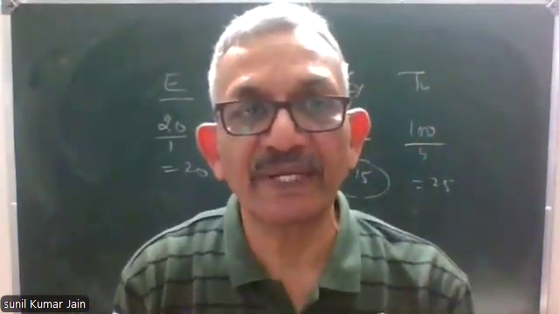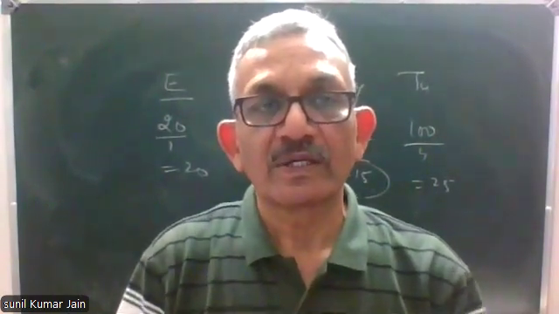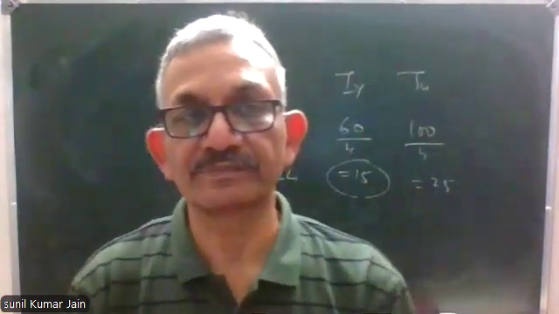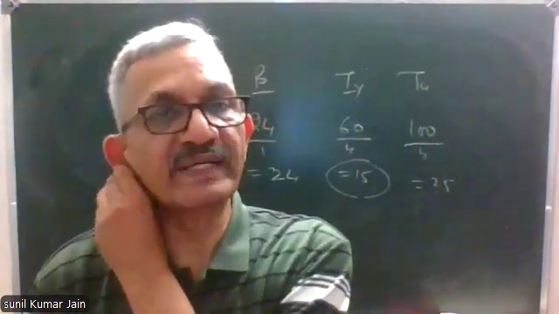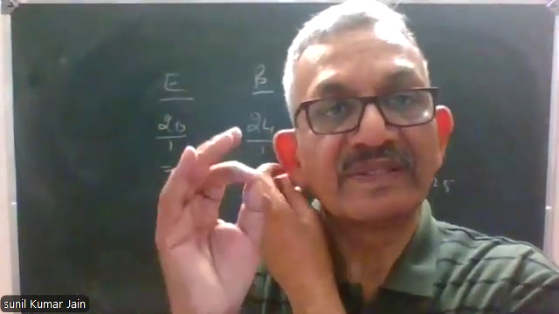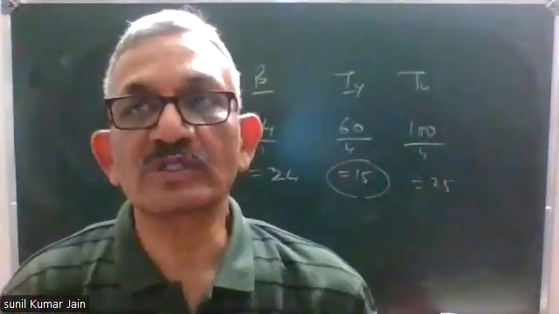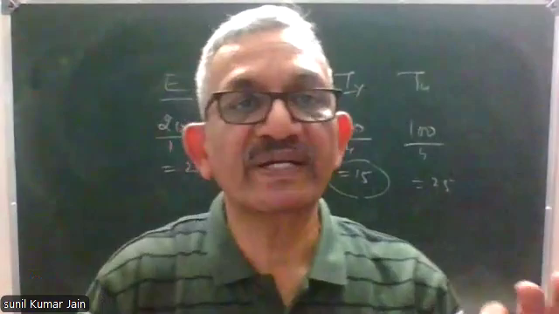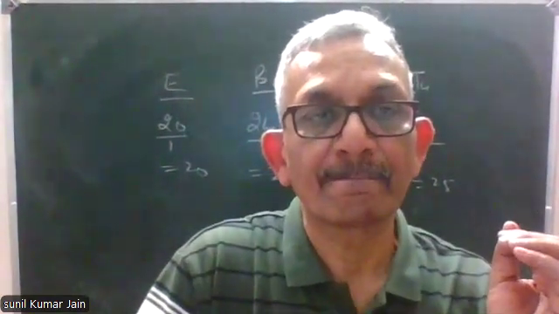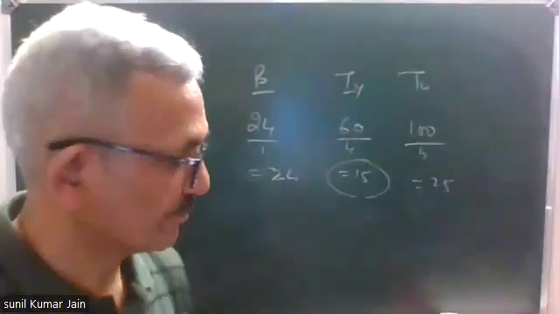And the number obtained is called stoichiometric amount. That reactant whose stoichiometric amount is least is the limiting reagent.